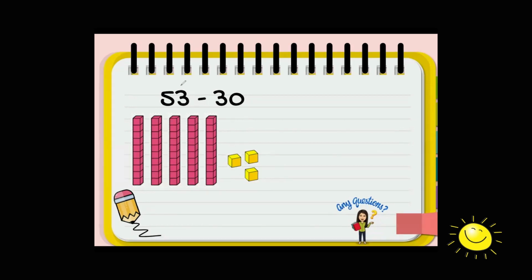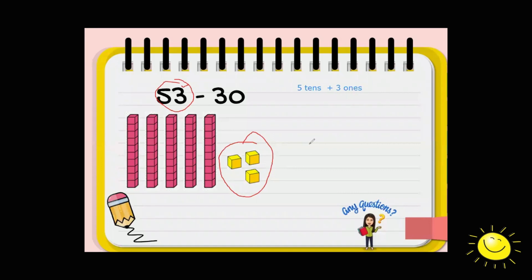So 53 is made up of 5 tens and 3 units. The 3 units are here, right? So now we can also say that it is 5 tens and 3 units or ones. Some people say units, some people call it ones, right?